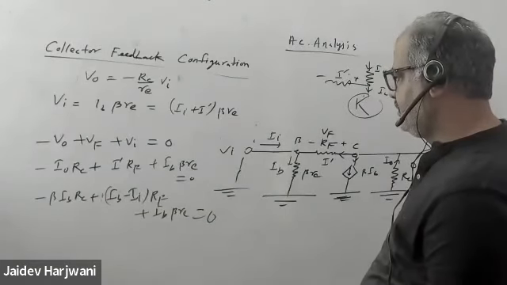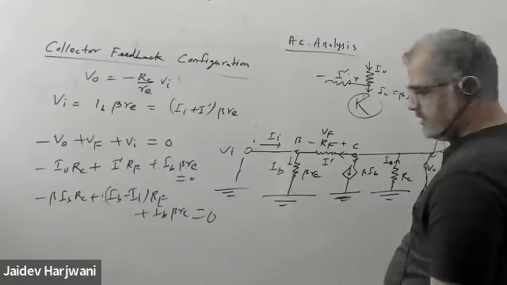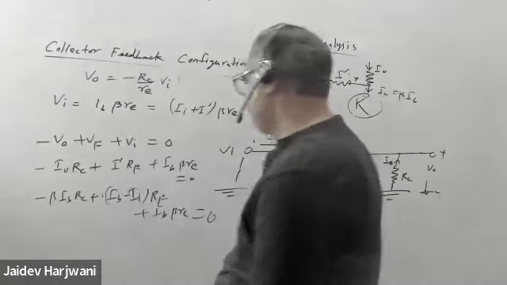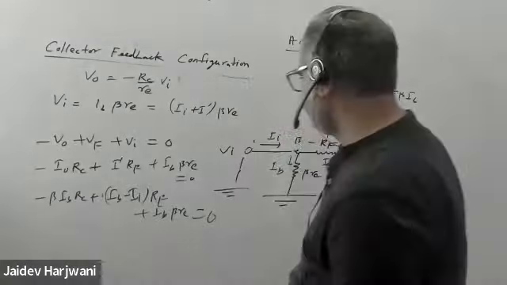Now I want the IB value in terms of I input.